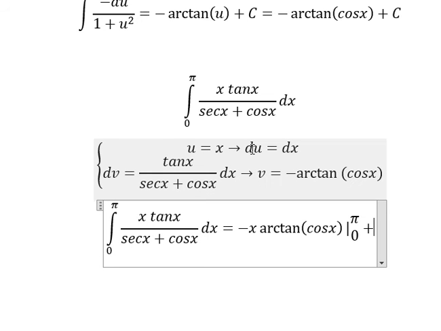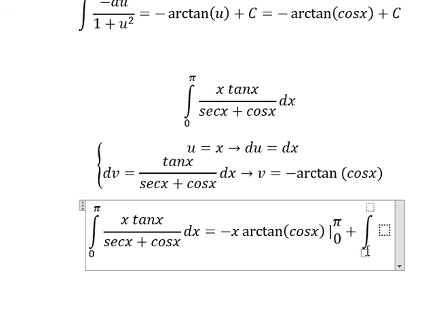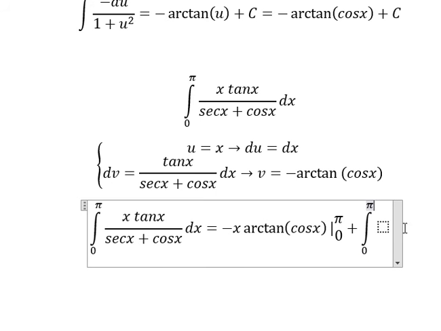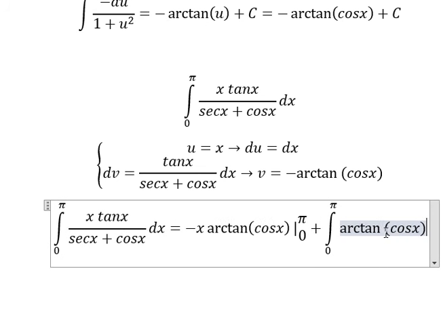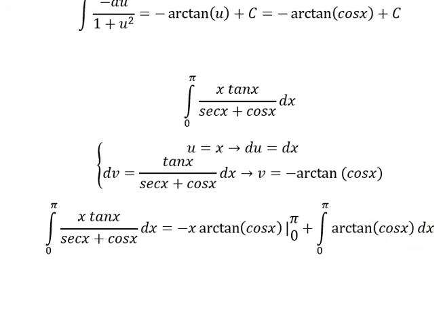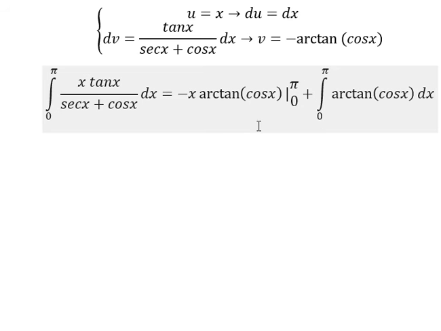We have du multiplied by v, so we have the integral from 0 to pi, and we have arctan of cosine s ds. So we put pi and number 0 in here, so we have pi squared over 4.